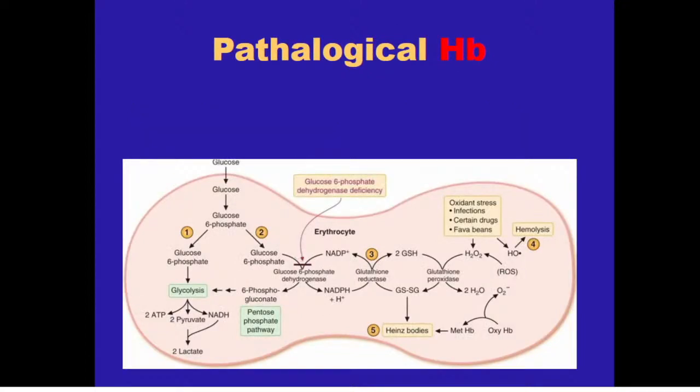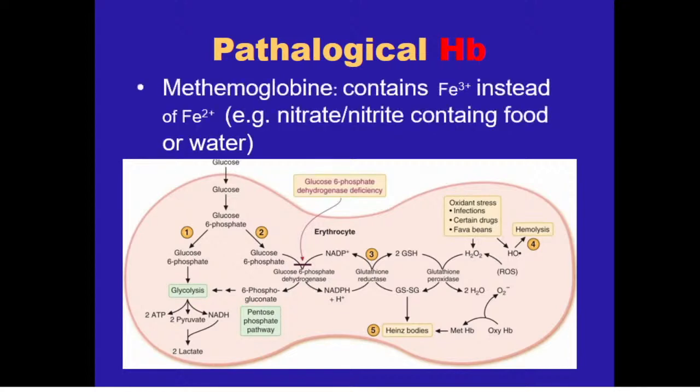Pathological hemoglobins also can appear in our body when some agents come to the blood. Normally, oxygen can change our hemoglobin to so-called methemoglobin, which contains iron 3+ instead of iron 2+.